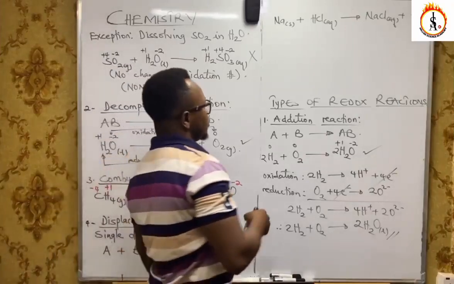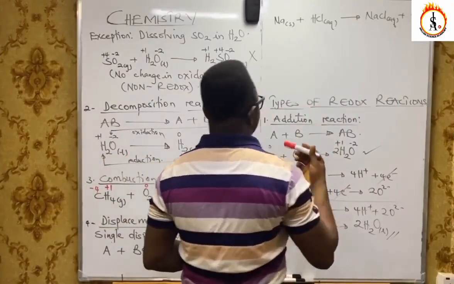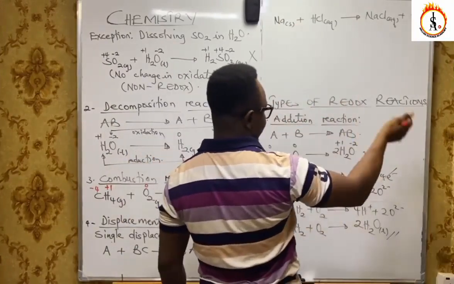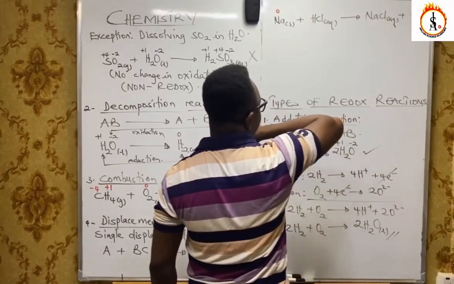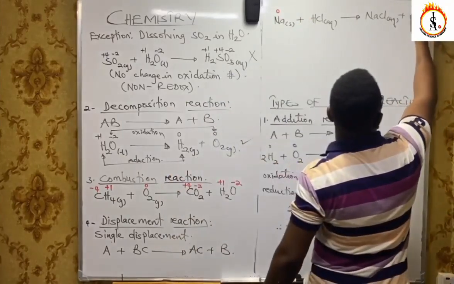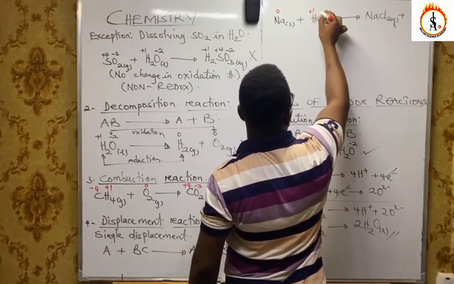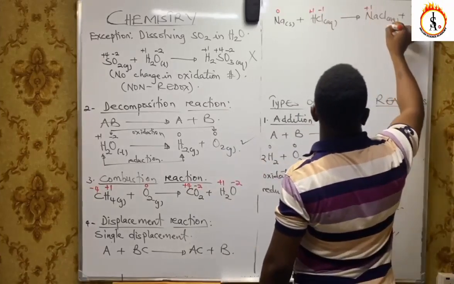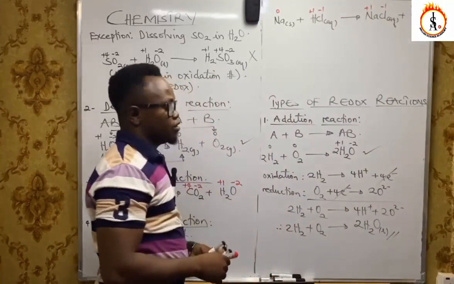Okay. So in this situation, we want to know if this is a redox reaction. And we said the charges have to change. So here in its free state, sodium is 0, hydrogen gas 0 in the free state. Hydrogen here +1, chlorine here -1, sodium here is +1, chlorine here -1. So you find out that what? The oxidation number of chlorine does not change.